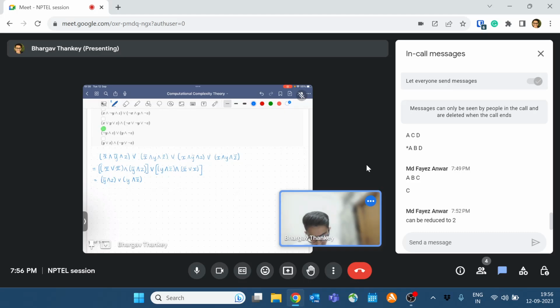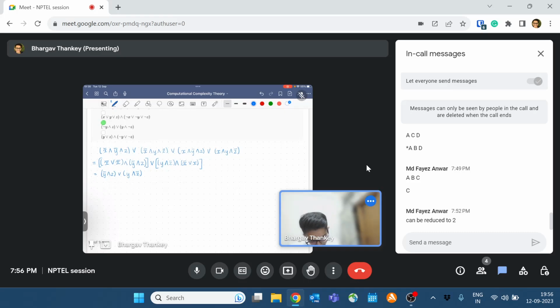So I can further simplify this by just distributing this all over, and so I get y complement or y, and y complement or z complement, and z or y and z complement, sorry, z or z complement.